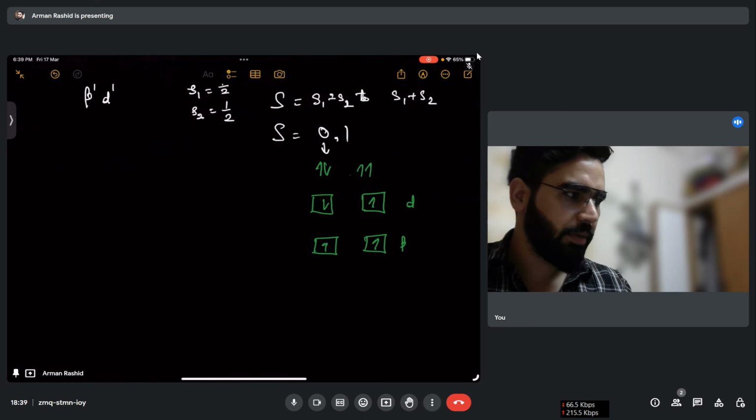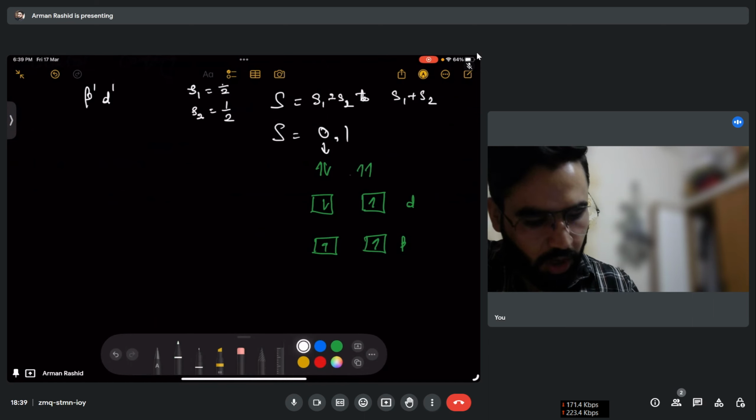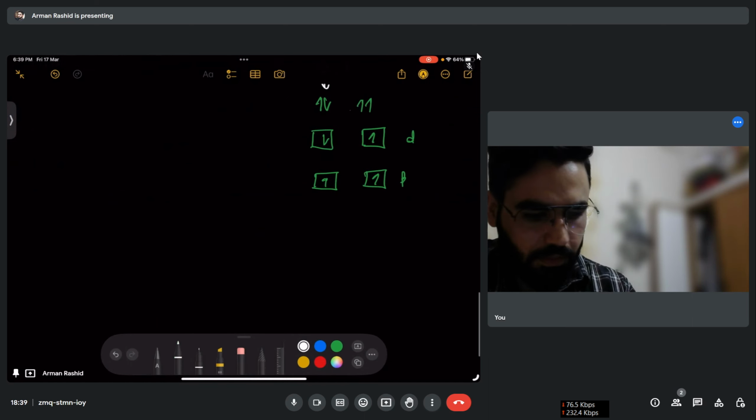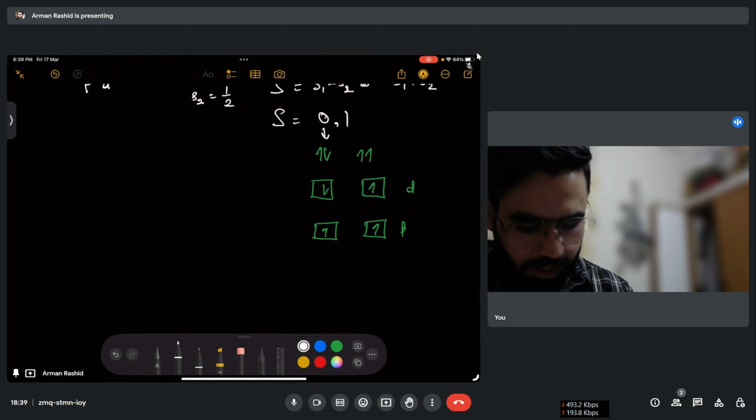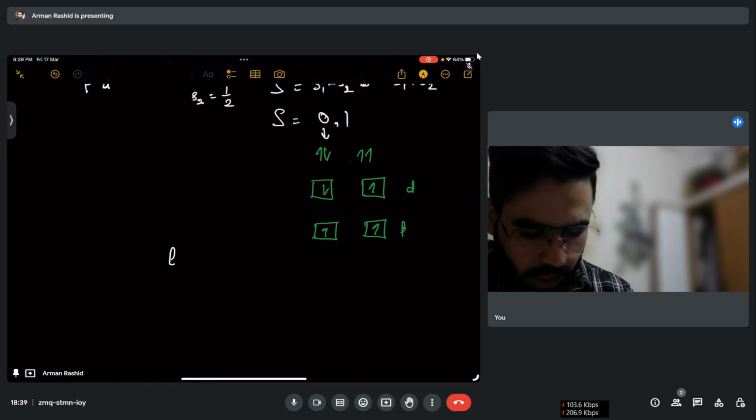Now we will represent orbital multiplicity. For orbital multiplicity, we write the orbital quantum number for one electron and the orbital angular momentum for another electron.